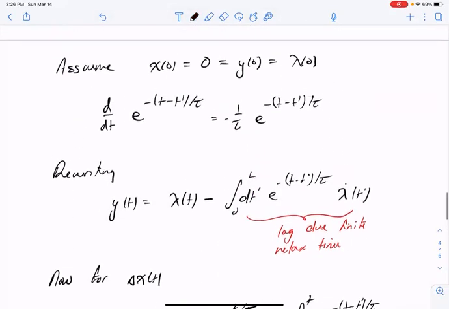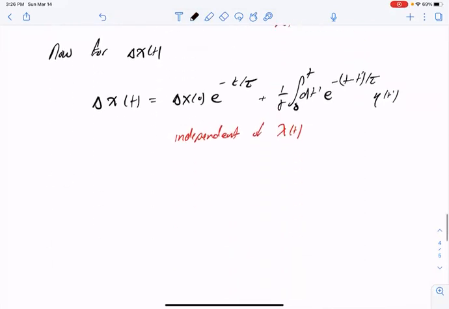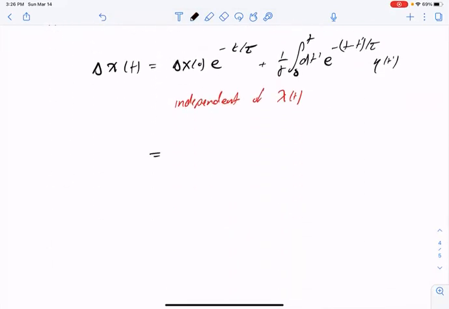Again, invoking our temporal boundary conditions. If x is 0 and y is 0, that means that delta x of 0 is 0. Simplifying this to just 1 over gamma and this time integral over the noise. Okay.